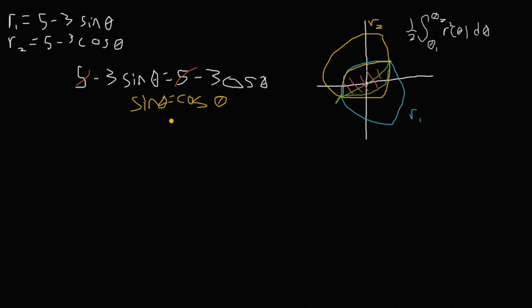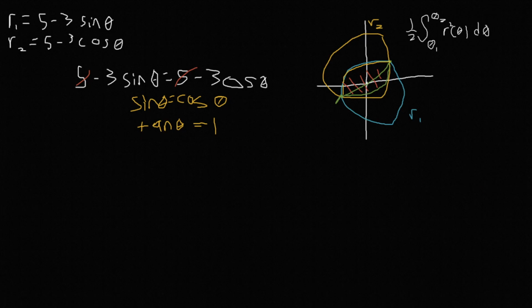And if we really wanted, we can divide both sides by cosine theta. Dividing sine by cosine, we get tangent theta, and dividing cosine theta by cosine theta, we get 1. So tangent theta is equal to 1.